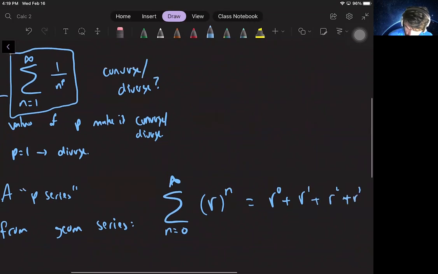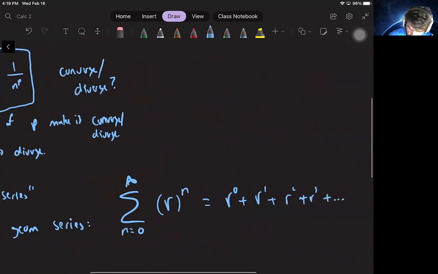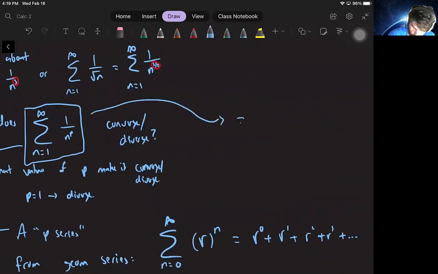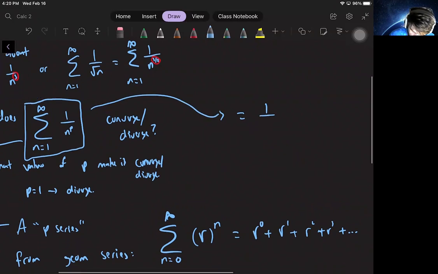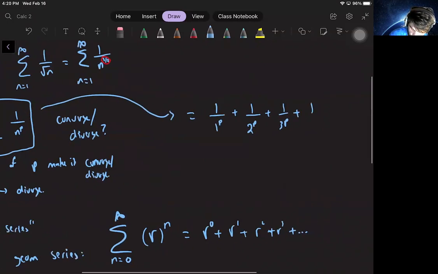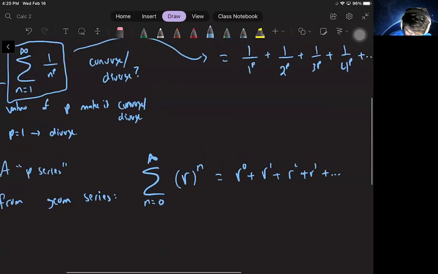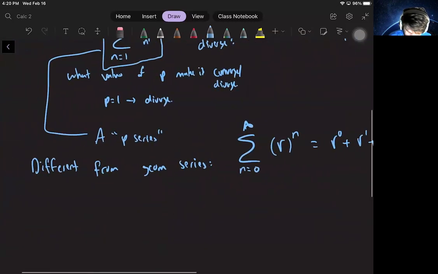And we figured out like R has to be between 1 and -1 for this to converge. But what's this? The power is not changing like it is down there. The power is staying the same. What's changing is the number that you do to that power. Okay, so this is a P series, and then the other one is a geometric series. They look very similar. Geometric series we already figured out. P series is what we're figuring out today.